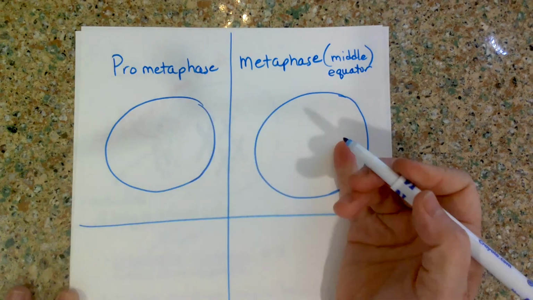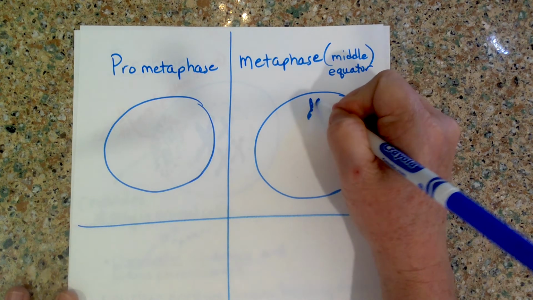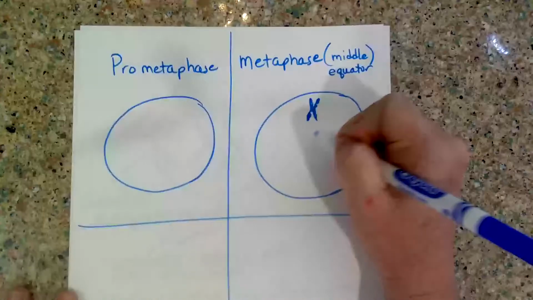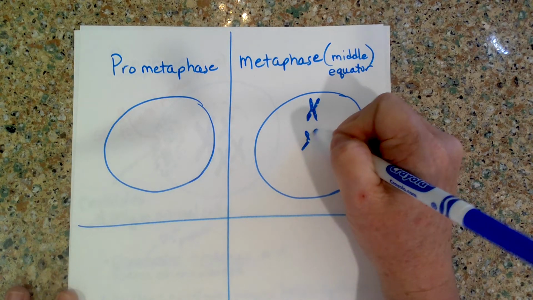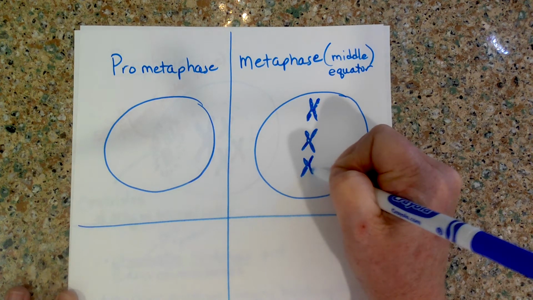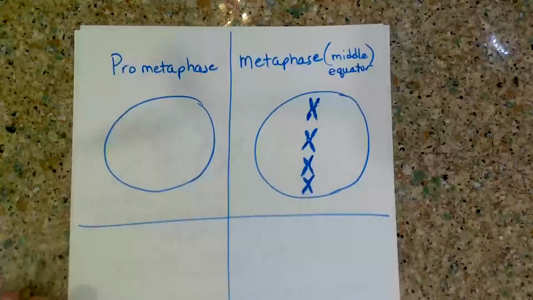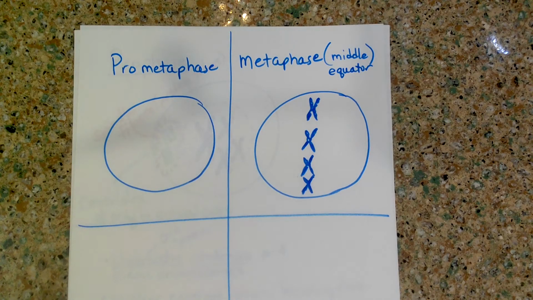But at the end of metaphase, what you should have is your 4 chromosomes lined up straight down the equator. Now, I want you to imagine that they're like kindergartners. Kindergartners are not the best at lining up. So you need to assist them and help them.